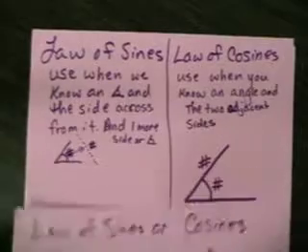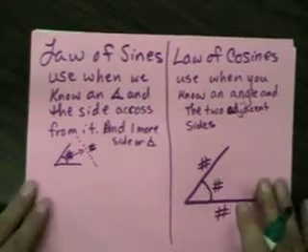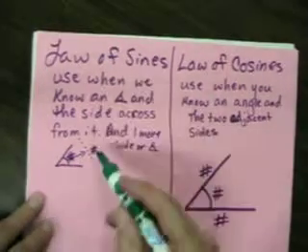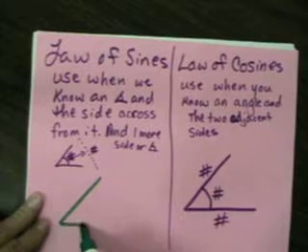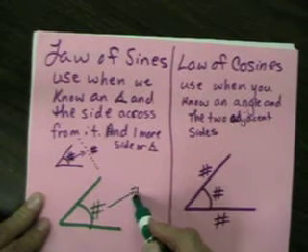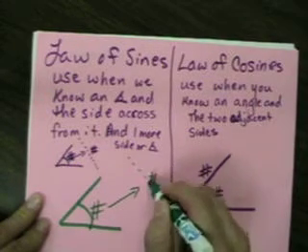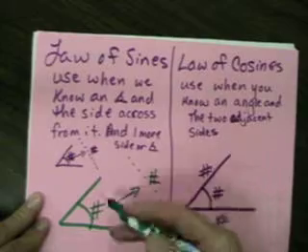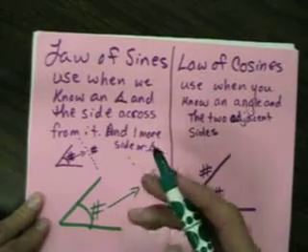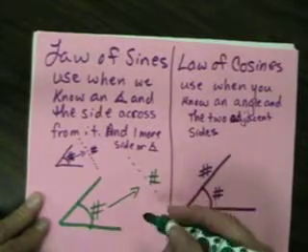When do we use the law of sines and cosines? We can use them on any triangle, but we typically use them on things that are not right triangles. The law of sines is usually used when you know an angle and the side across from it, but maybe you don't know any more than one other piece of information, like a side or an angle.